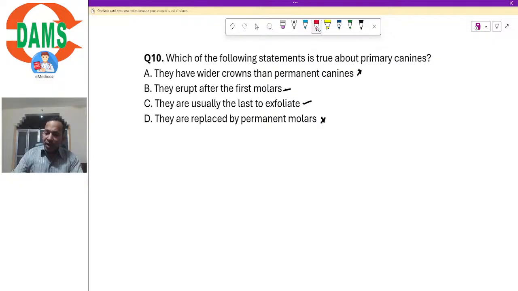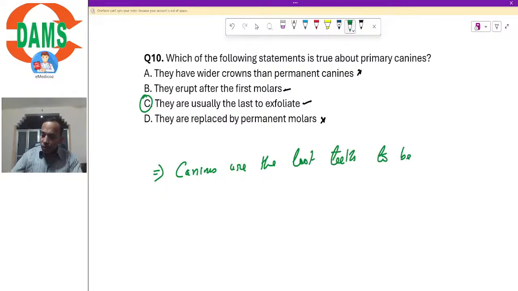Now, sometimes we get confused with this third statement. Why do we get confused with this third statement? Because there is a general statement which says that canines are the last teeth to be replaced.